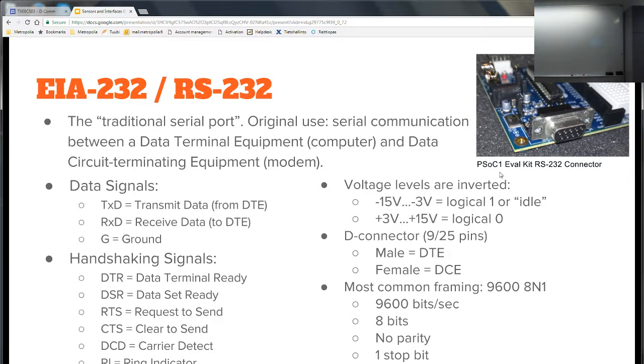Okay. Voltage levels, for historical reasons: minus 15 to minus 3 volts is logical 1 or idle signal, meaning that there is no data transmission there. So it's negative, basically inverted in that sense. Then plus 3 volts to 15 volts is logical 0. Okay, for say any microcontroller, that would be a little bit difficult to handle.